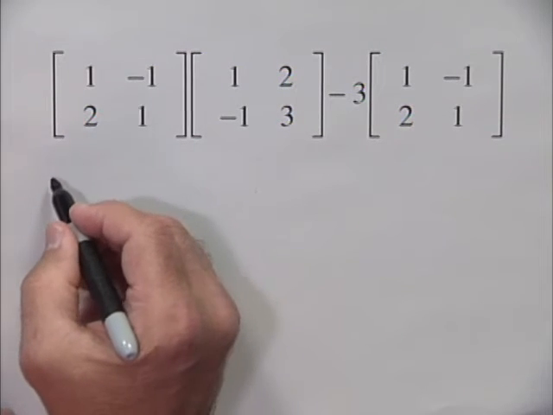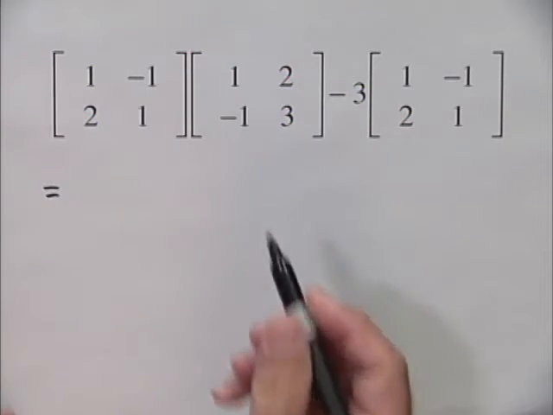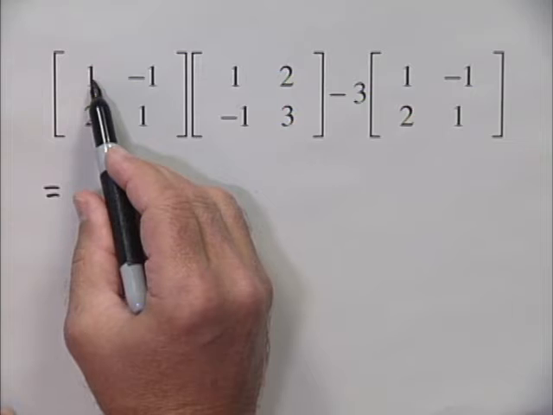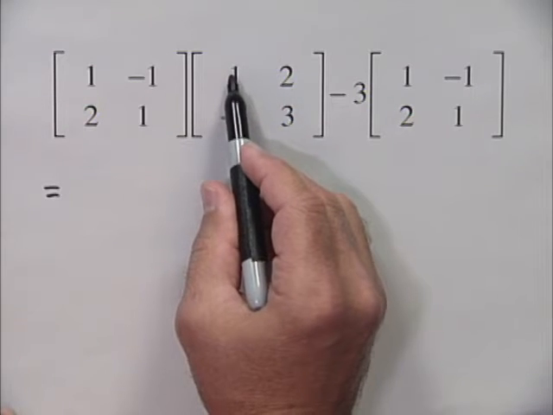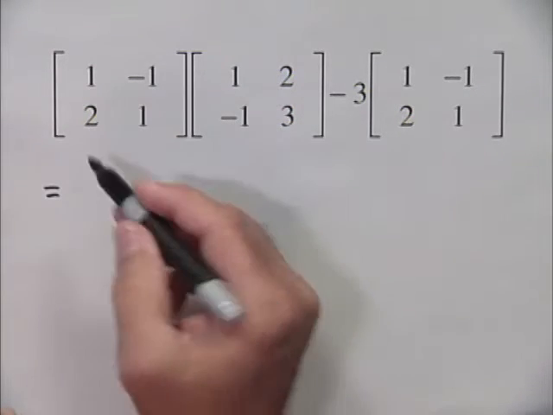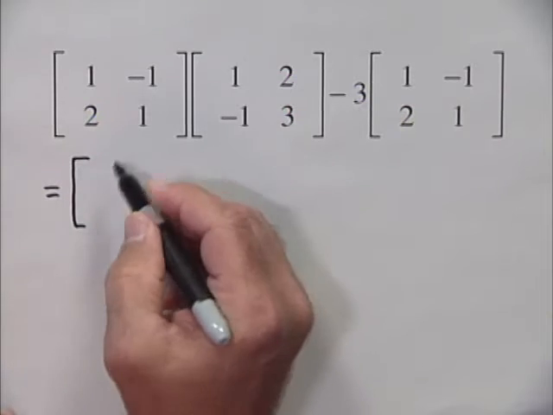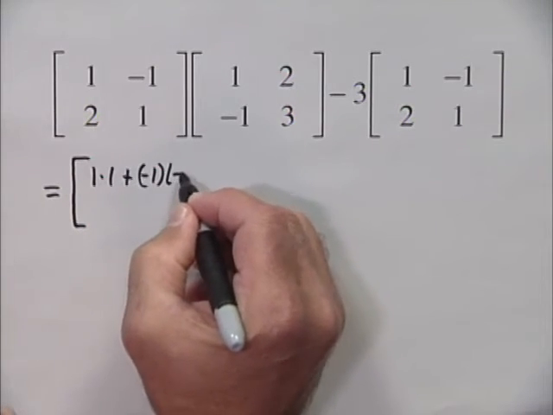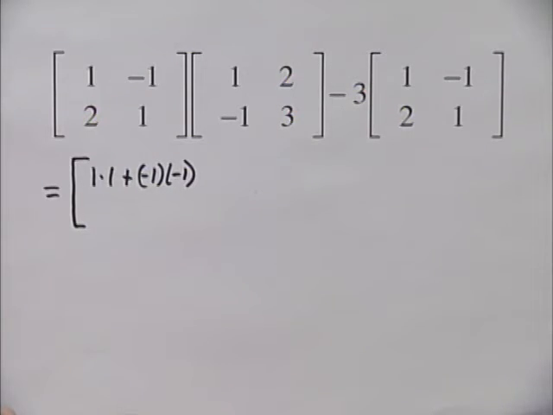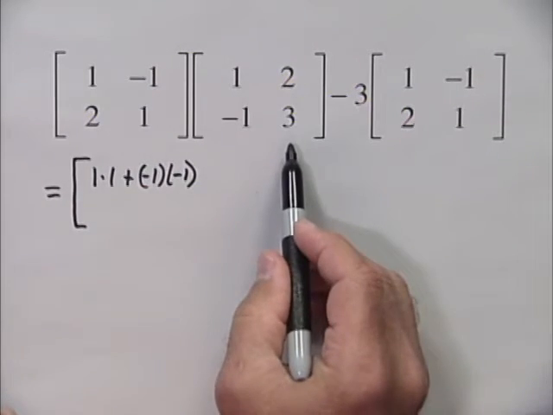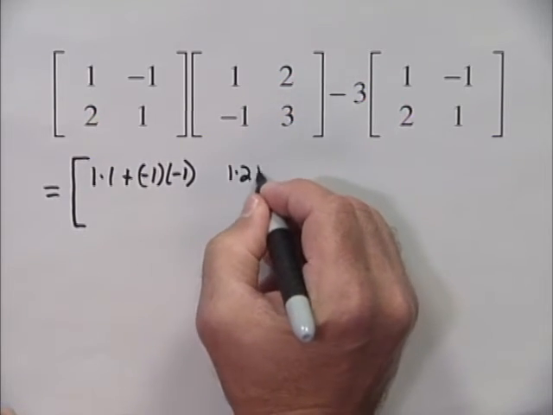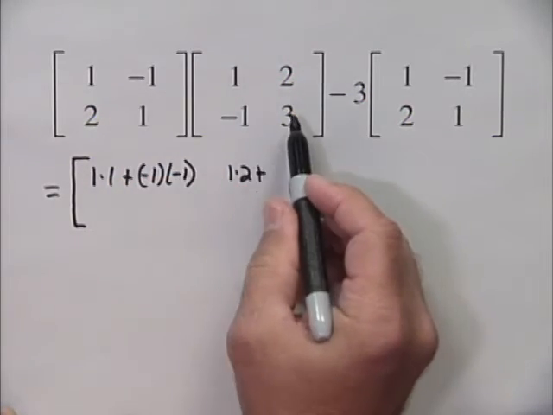So we will write that this is going to be equal to, I'm going to take this row times this column, so 1 times 1 plus negative 1 times negative 1. Then I take this row times this column, so 1 times 2 plus negative 1 times 3.